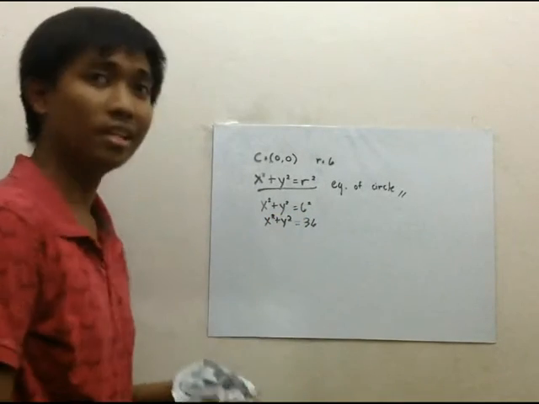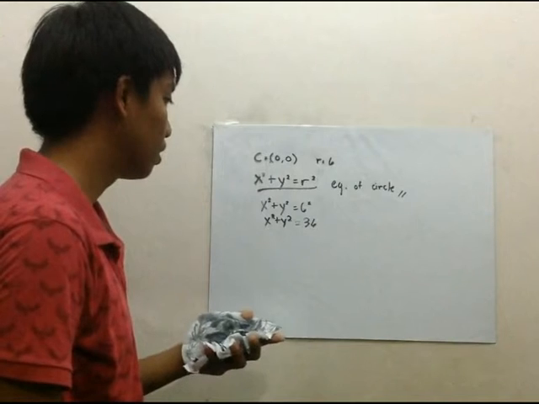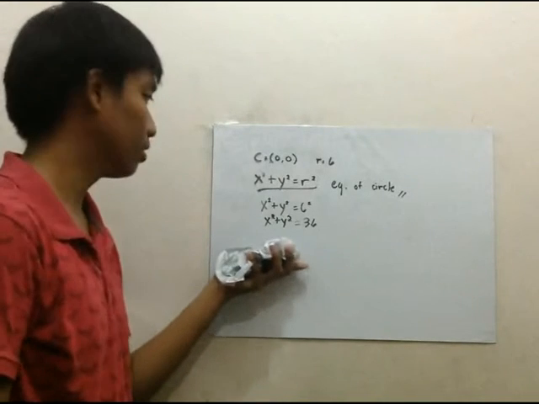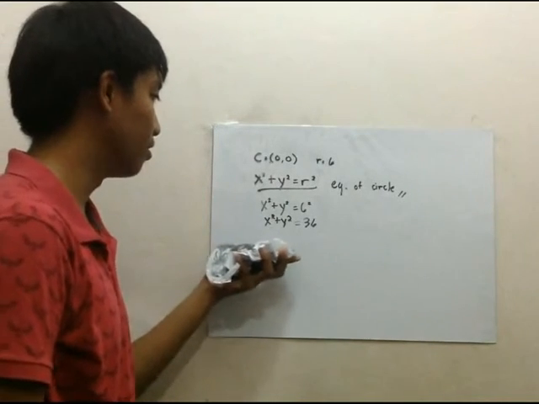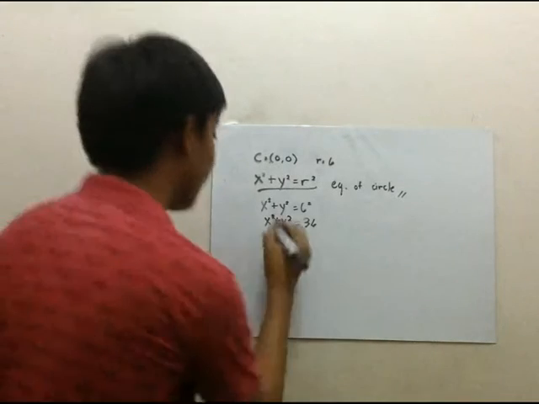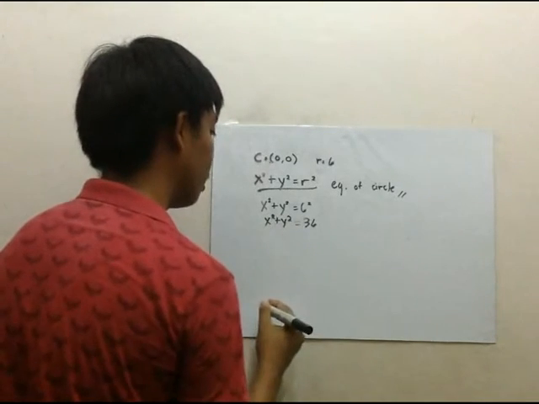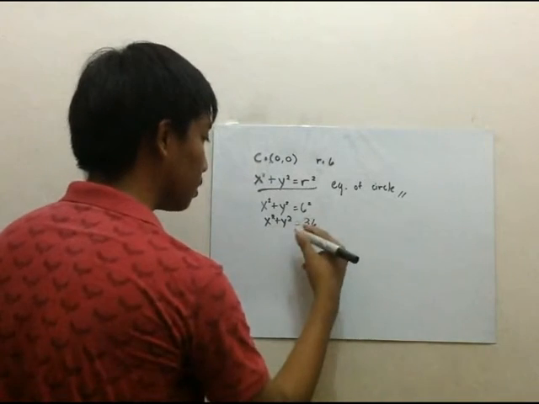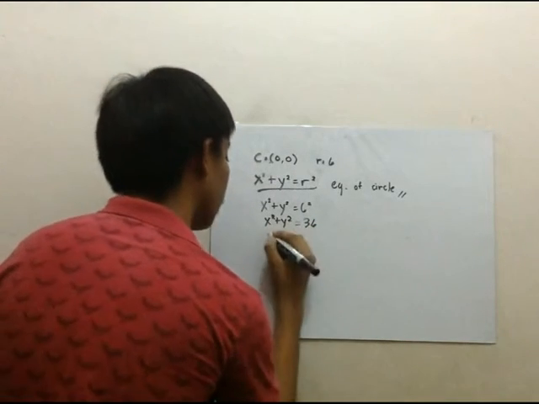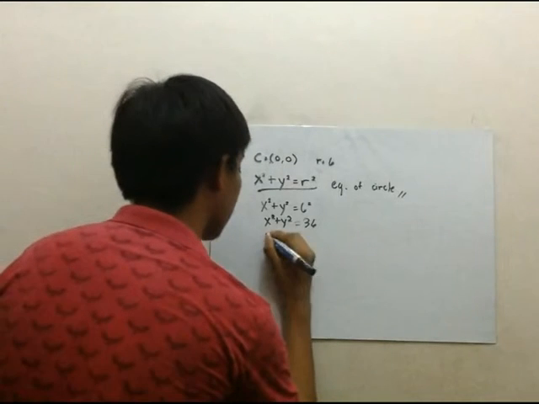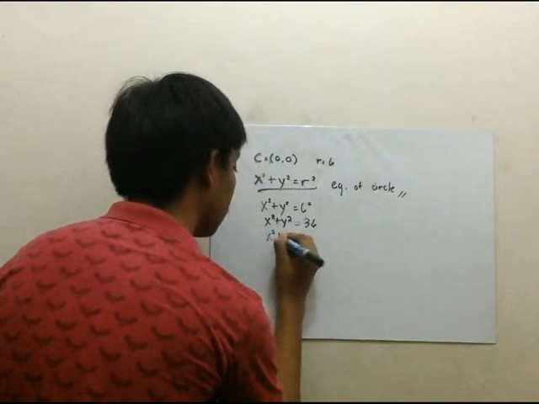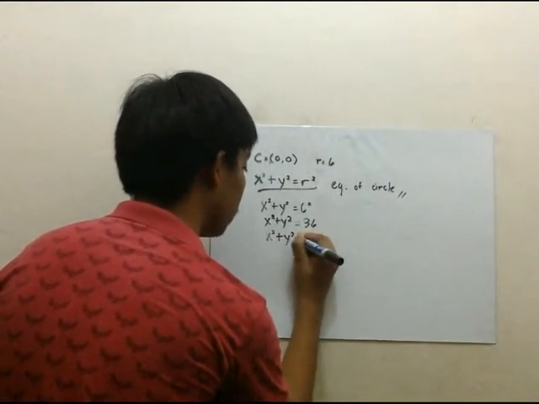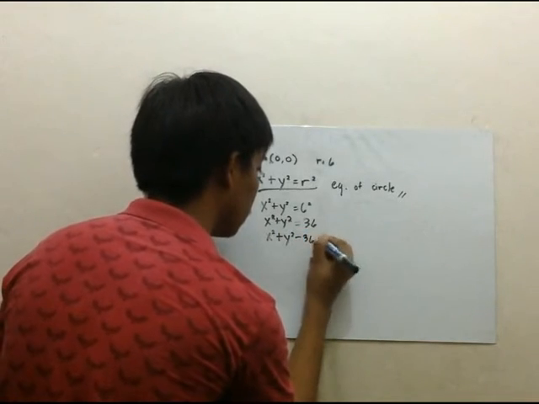So next, this is the general, or not completely general. Let's transpose the 36 to the left. x squared plus y squared minus 36 is equals to 0.